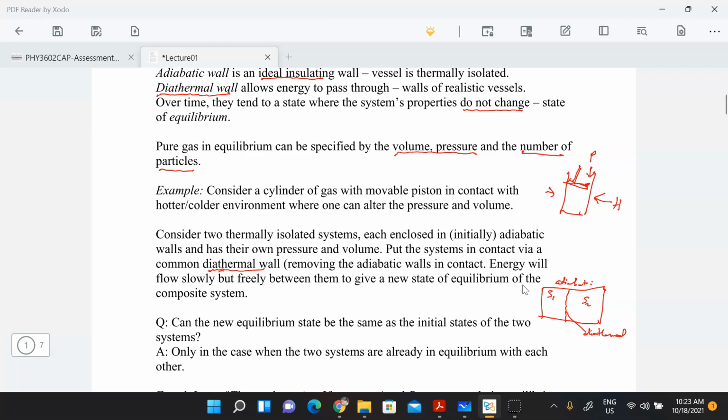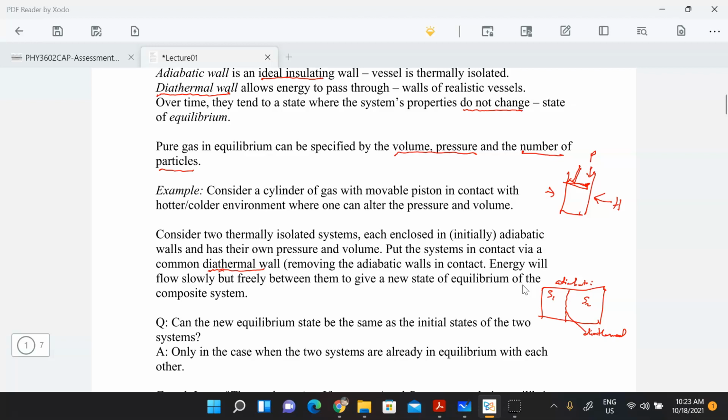So in other words, initially they will not be in equilibrium with each other. But once the energy starts to flow between system 1 and system 2 or back, they start to exchange energies until they come to a certain point where there's no net flow of energy between the two systems.